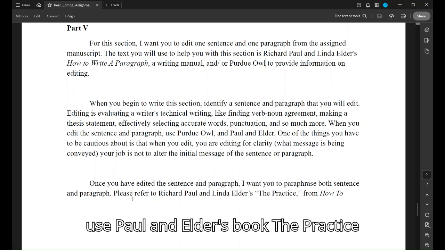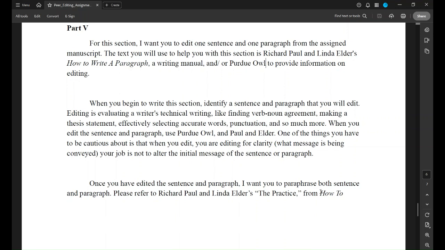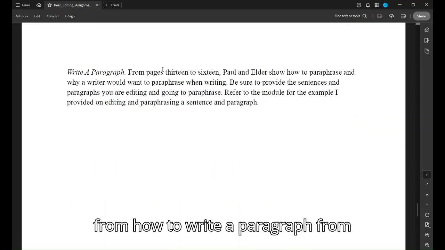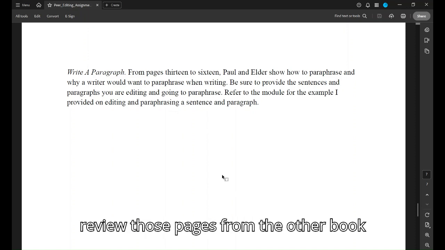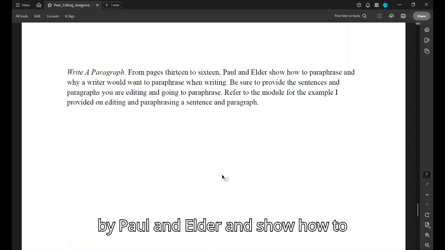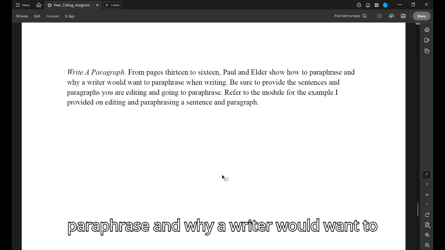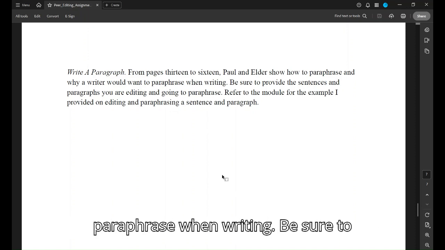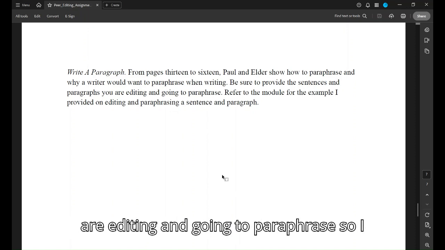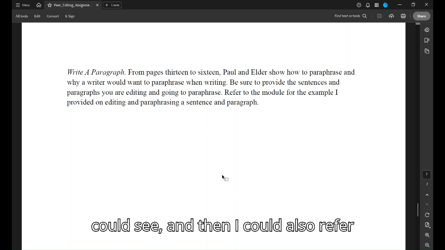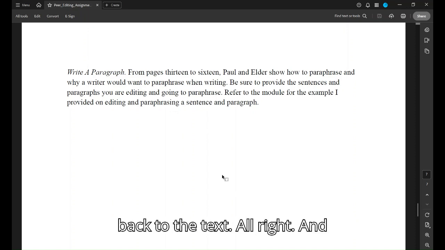And then you're going to use Paul and Elder's book, The Practice, from How to Write a Paragraph, pages 13 to 16. I want you to review those pages from the other book by Paul and Elder and show how to paraphrase and why a writer would want to paraphrase when writing. Be sure to provide the sentences and paragraphs you are editing and going to paraphrase so I could see, and then I could also refer back to the text.